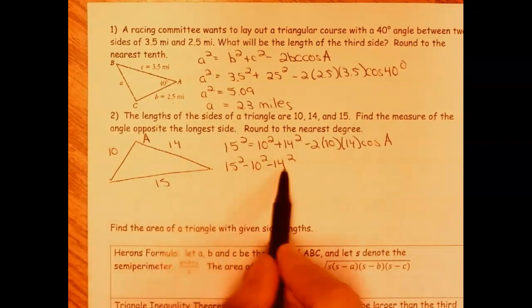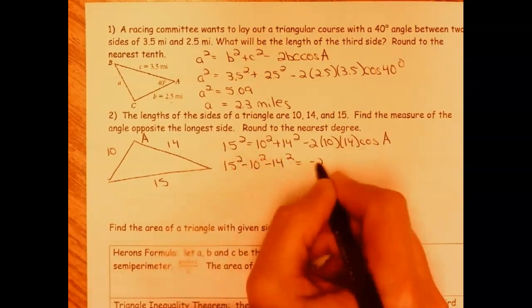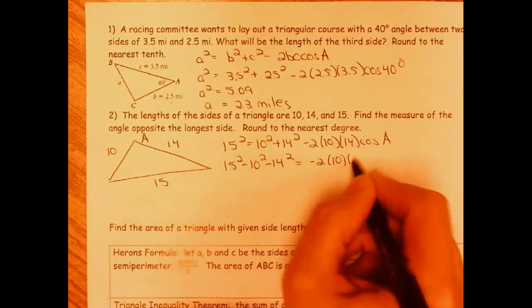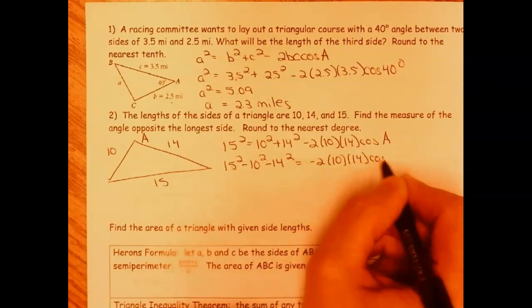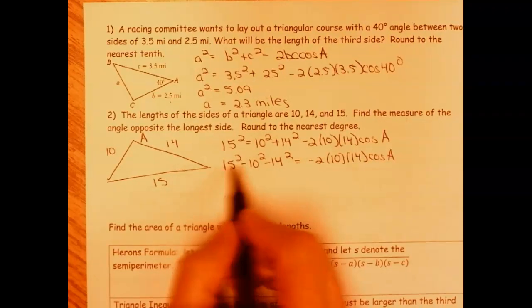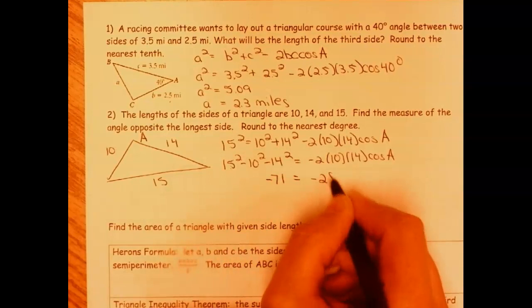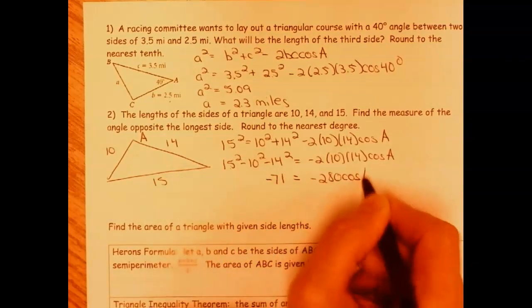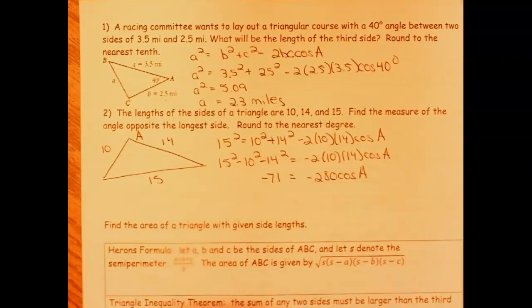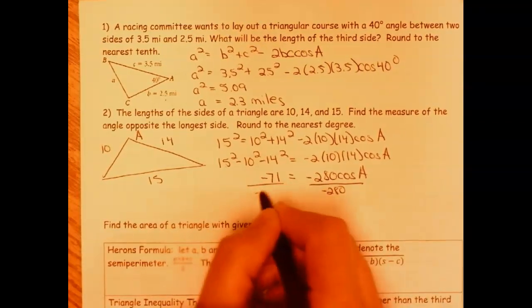So I'm squaring each one of those, and I'm subtracting each of those from that 15 squared. And then on the other side, I can multiply everything together. So plugging all that in, I have negative 71 equals negative 280 cosine of A. We want to get the cosine by itself, so we're going to divide by negative 280.